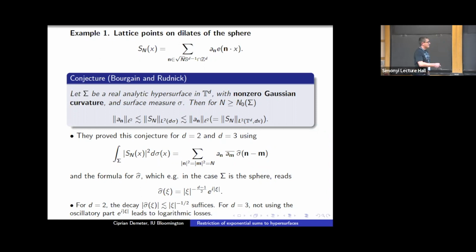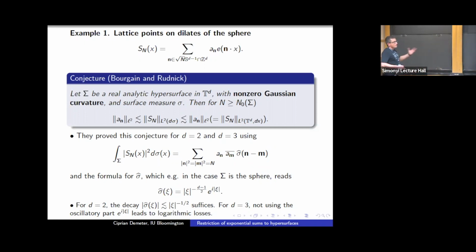I only have one example here, which shows that if sigma is, for example, the sphere, then there are two components to the Fourier transform. Well, first of all, there's the magnitude, the decay. As xi increases, xi being in R^d, the Fourier transform decreases as xi becomes larger, but then there's also an oscillatory term that plays a very important role in their argument, at least in the three-dimensional case.